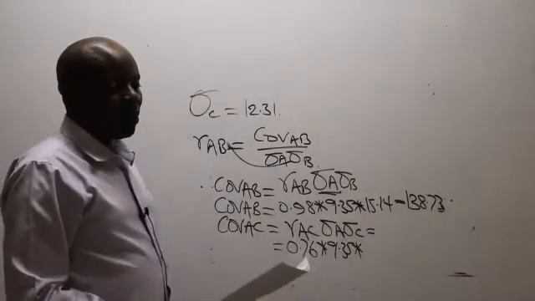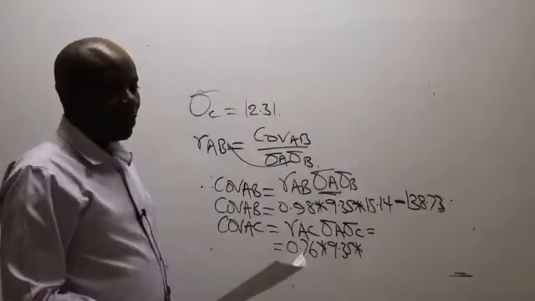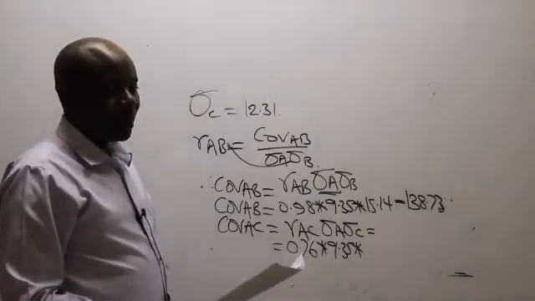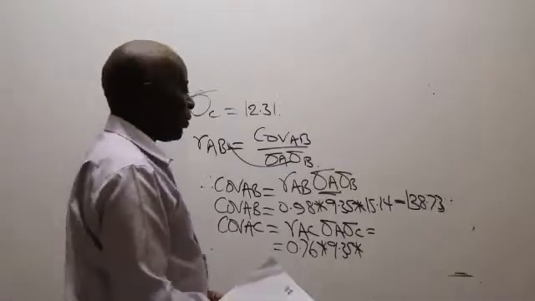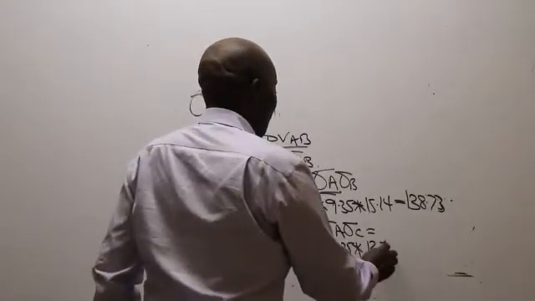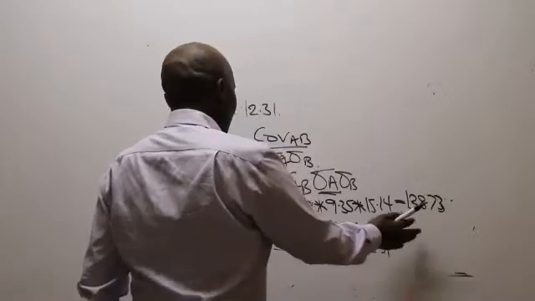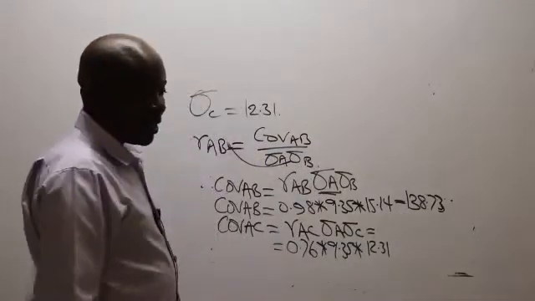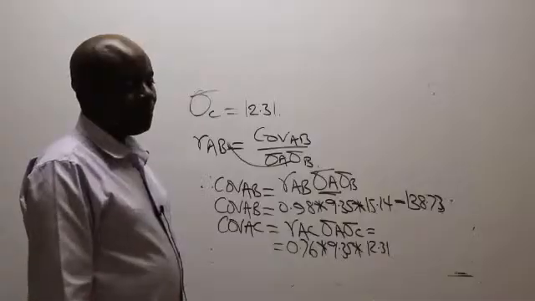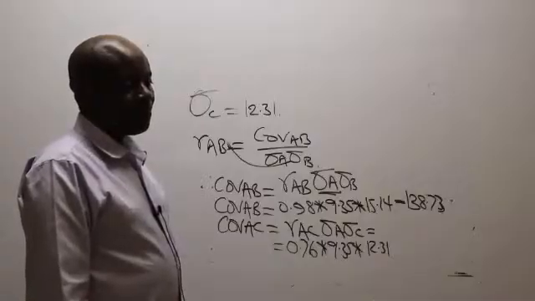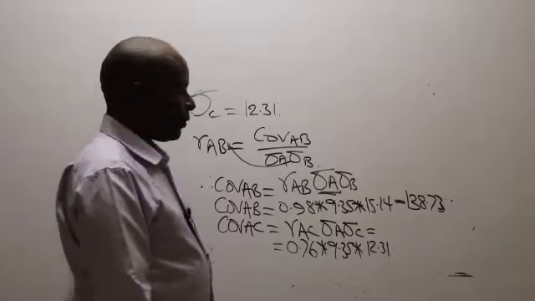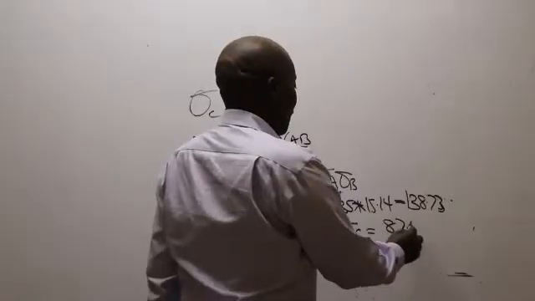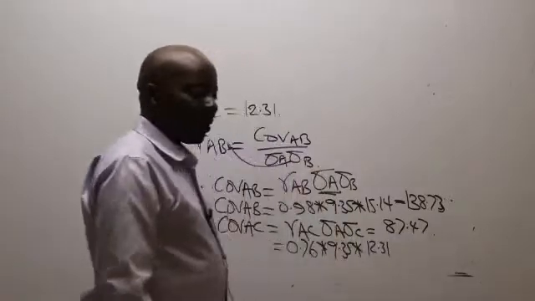It is 12.31. Thank you so much. So could you kindly give me the covariance between A and C? 87.47.